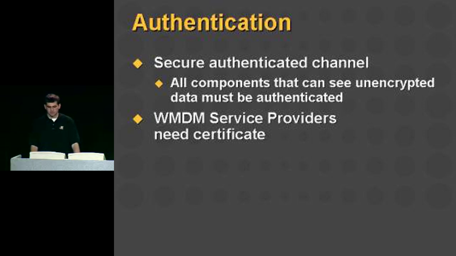So for that, they need a certificate, a WMDM service provider certificate, and we will issue those. You contact Microsoft, you sign the license agreement, and then we will issue the certificate, you compile that into your DLL, and then WMDM will load it up.